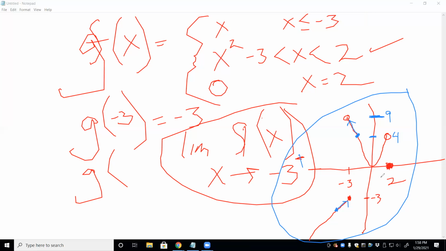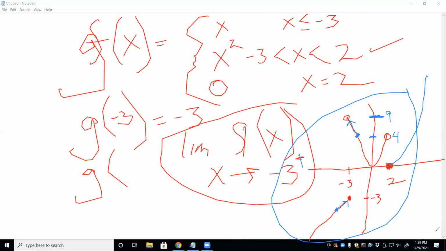If to the right of 2 was some other parabola like that, well, then we could go forth. And now we are going from negative infinity to infinity, which means we cover the entire spectrum of real numbers, and we can figure out all of these limit questions. But it has to be in your domain.